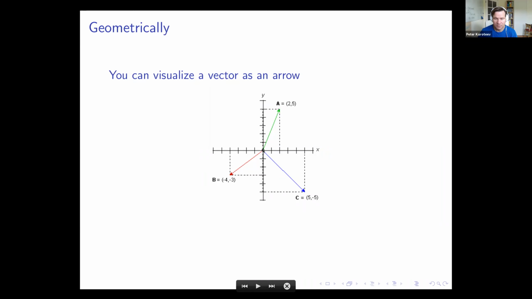You put the tail of the vector at the origin of the coordinate system, and the tip of the arrow will be at the point in this Cartesian coordinate system with the given components. So this is vector 2, 5. This is vector 5, -5, and this is the vector with components -4, -3.